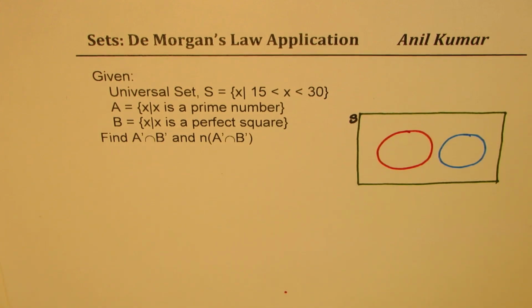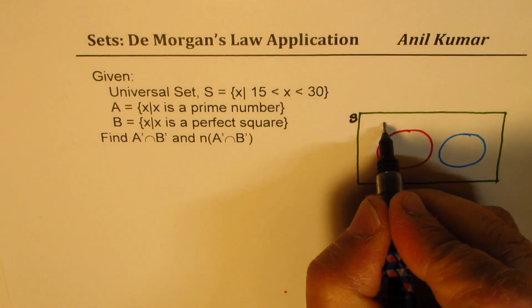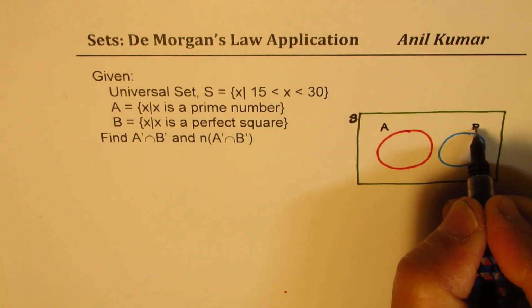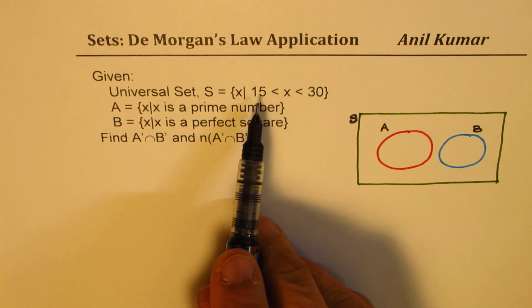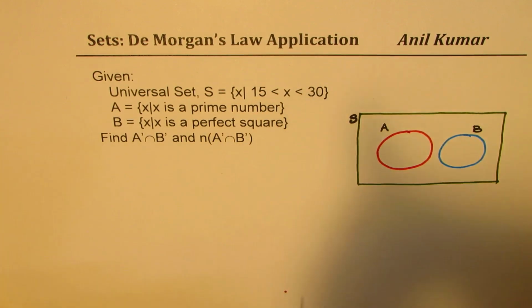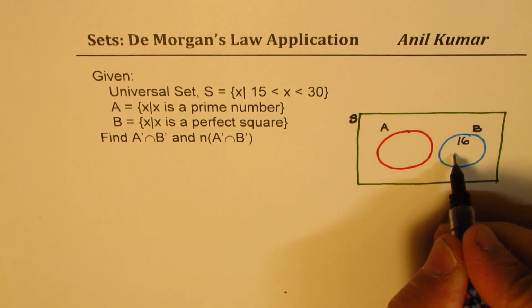Since we are talking about numbers which are between 15 and 30, it's a good idea to list all the numbers. So this is our set A and this is our set B. The perfect squares between 15 to 30 will be 4 square is 16, 5 square is 25.